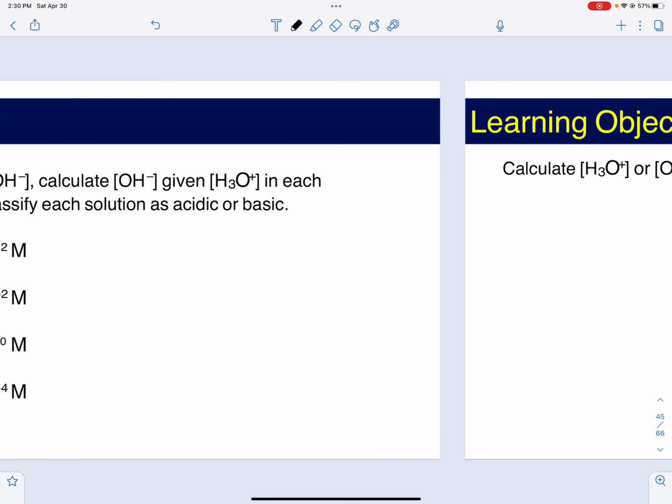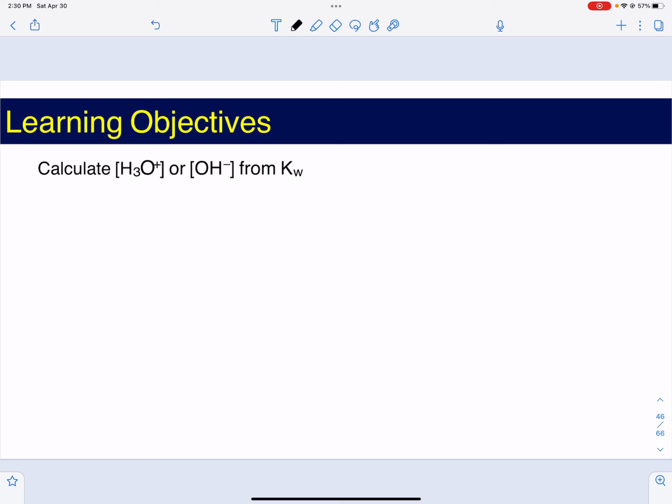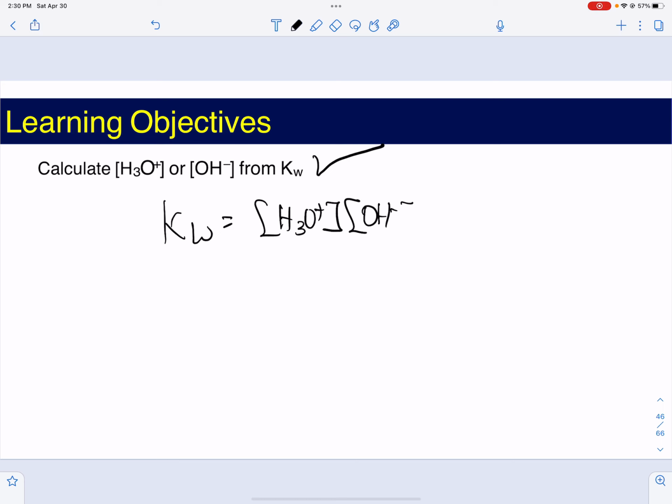And once you're done with that, we basically have this concept down. So remember, the key equation is Kw equals the concentration of hydronium times the concentration of hydroxide. Kw is 1 times 10 to the minus 14, sorry, so 1 times 10 to the minus 14 is hydronium times hydroxide.